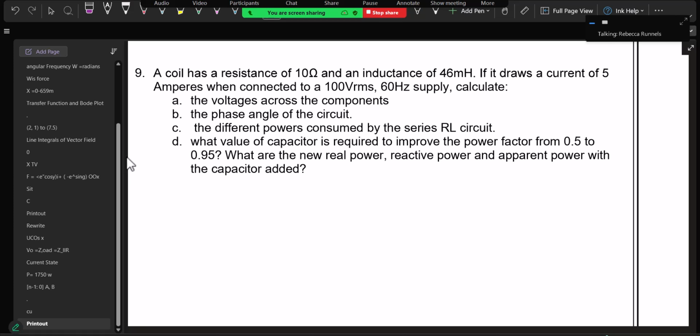Okay, so we want to get the voltages across the components. I've got a voltage source that's 100 RMS, and it's 60 hertz, and so our power supply, I believe that's 377. So omega is 377.